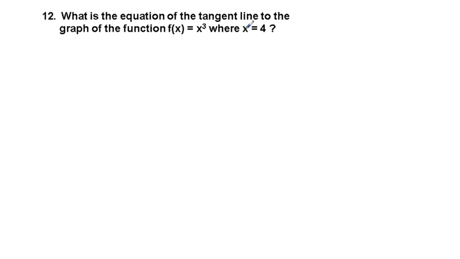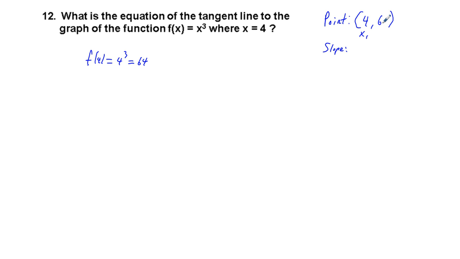Next, 12. What is the equation of the tangent line to the graph of the function f of x equals x cubed, where x equals 4? Well, to get a tangent line, we need first a point, and then we need a slope. And our point is going to be the x-coordinate 4, and then the y-coordinate, whatever we get. It's going to be x1. So f of 4 is equal to 4 cubed, which equals 64.